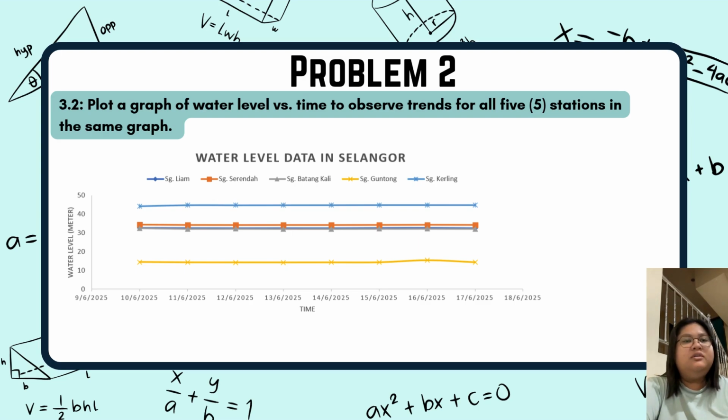Overall, all rivers demonstrate stable water level trends with only minor fluctuations. The most noticeable change is seen in Sungai Guntong around mid-June, possibly due to localized rainfall or upstream activities.